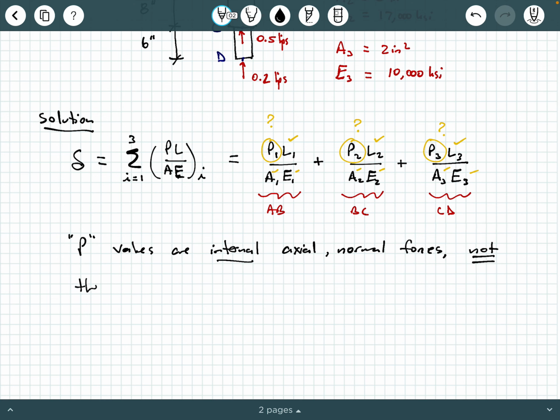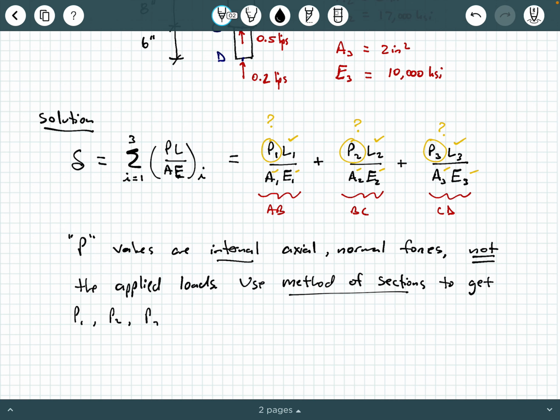Not the applied loads. So what you need to ask yourself is how do I get these internal axial normal forces? What you need to do is use method of sections to get P1, P2, and P3, okay?